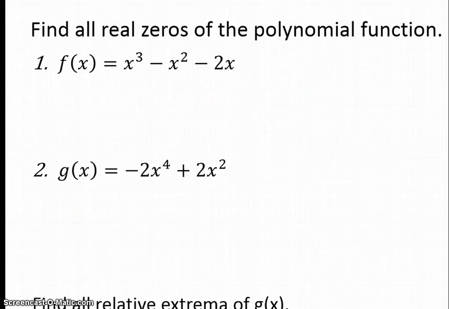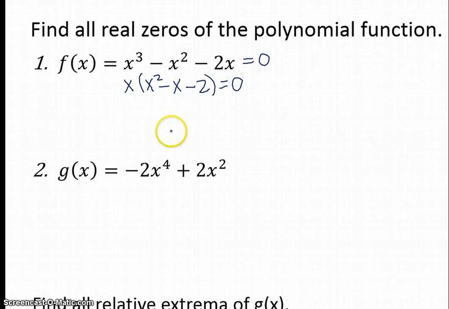Find all real zeros of the polynomial function. To find real zeros, you're setting it equal to 0. Up here, this is a cubic, but I notice there's an x in all 3 terms, so I'm going to factor that to make x times x squared minus x minus 2 equals 0.